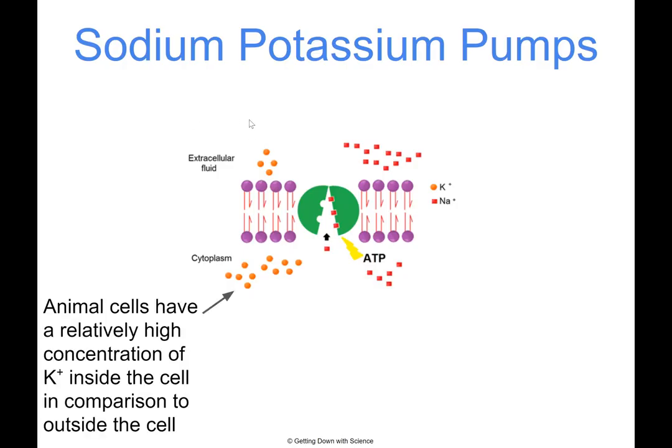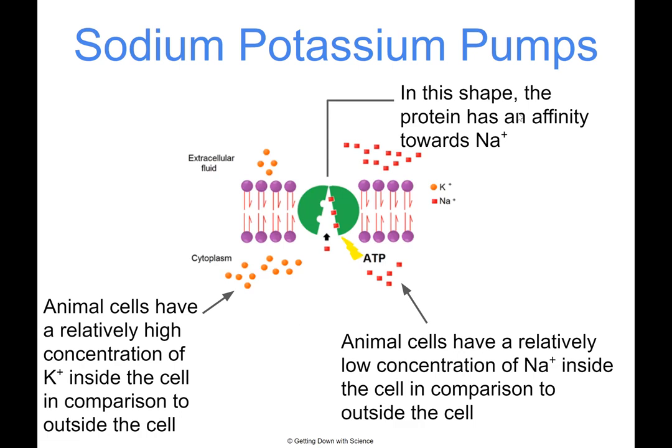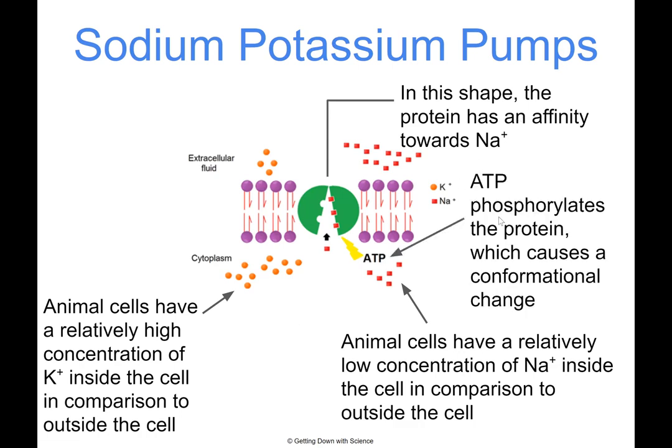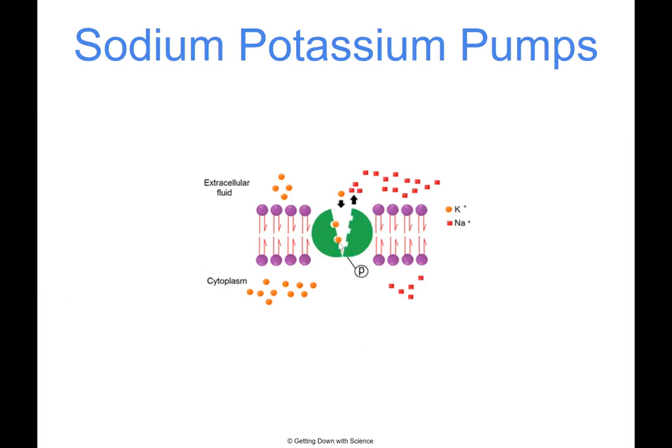So here's our picture of our sodium potassium pump. So we've got lots of potassium inside the cell compared to sodium outside the cell. And so animal cells have a relatively low concentration of sodium inside compared to outside. So what happens is our ATP phosphorylates, puts the energy that causes the conformational change that leads to move the sodiums out.